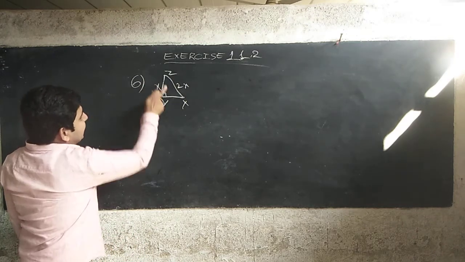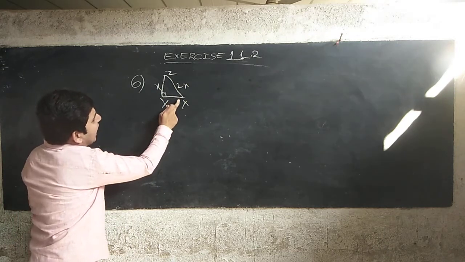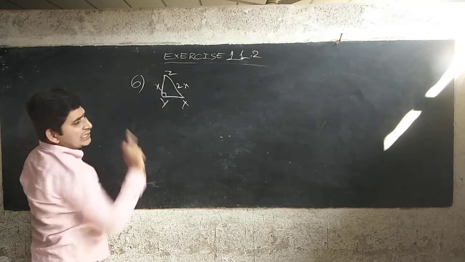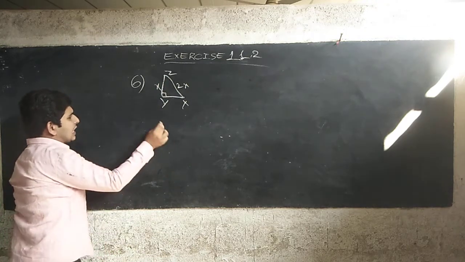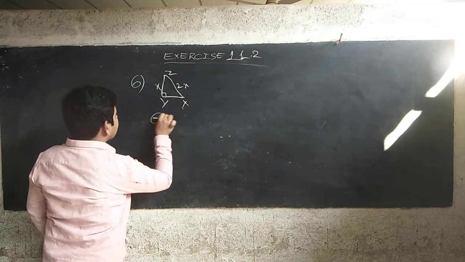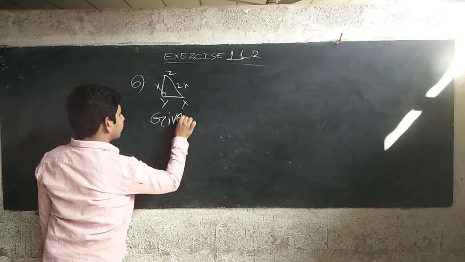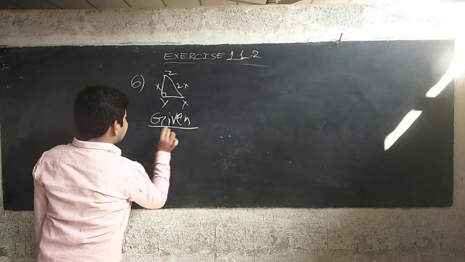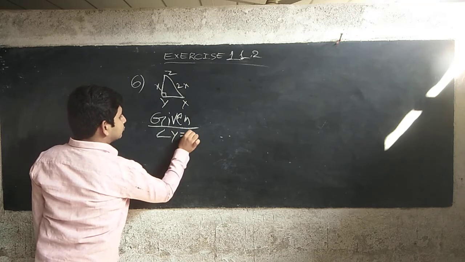With the help of this given data, we have to find the angle X and angle Z. That is our problem. Now, given: what is given? Angle Y equal to 90 degrees.